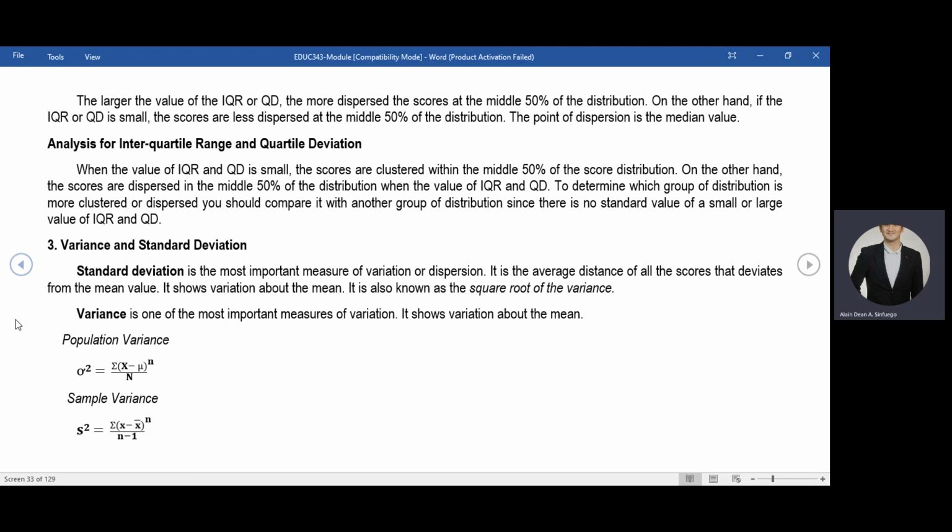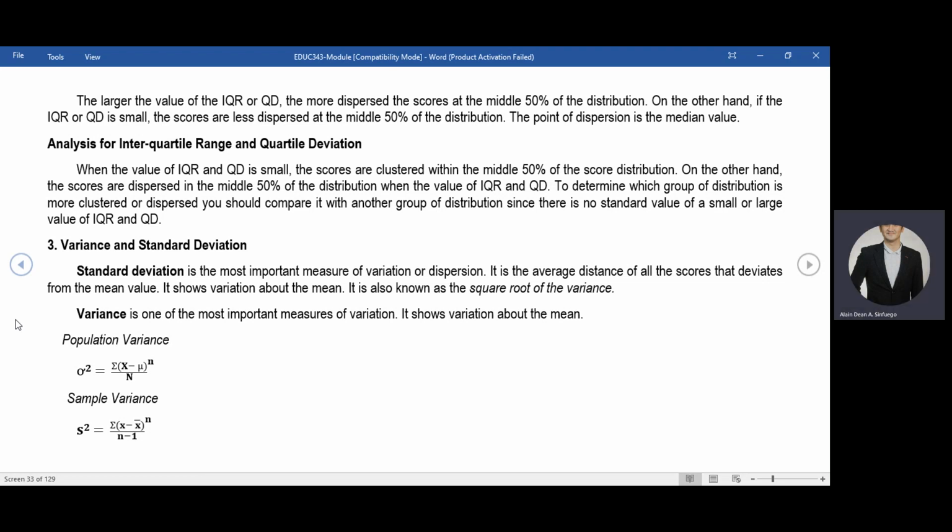To determine which group of distribution is more clustered or dispersed, you should compare it with another group of distribution, since there is no standard value of a small or large value of IQR and QD. So you need to be relative in terms of comparing which is more dispersed or which is more clustered.